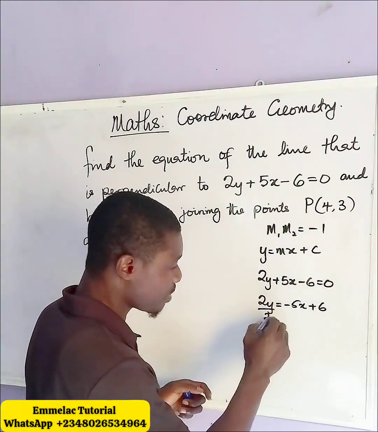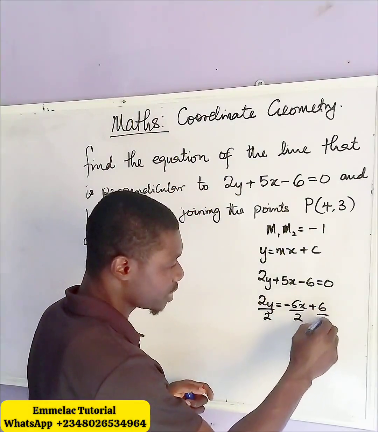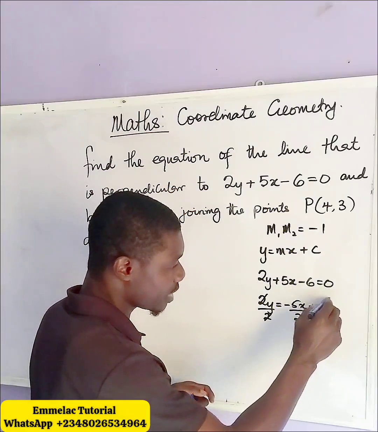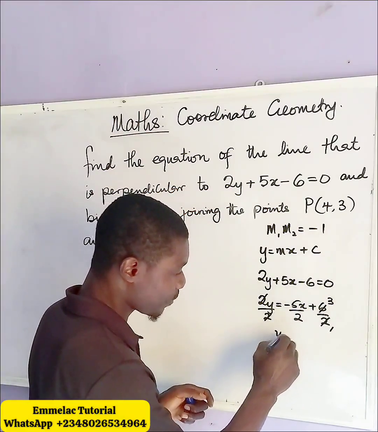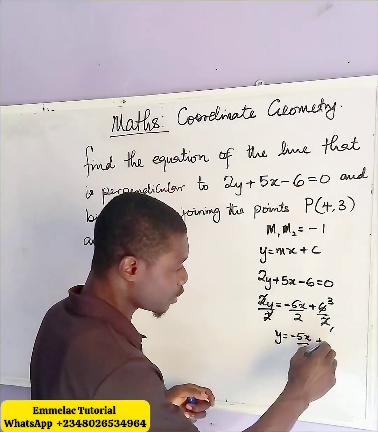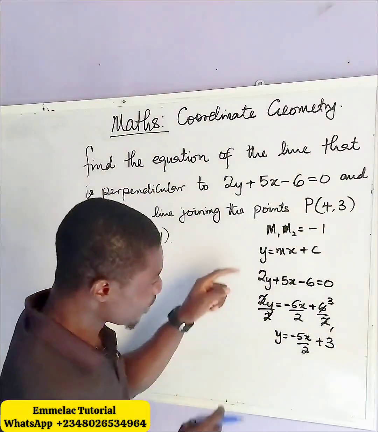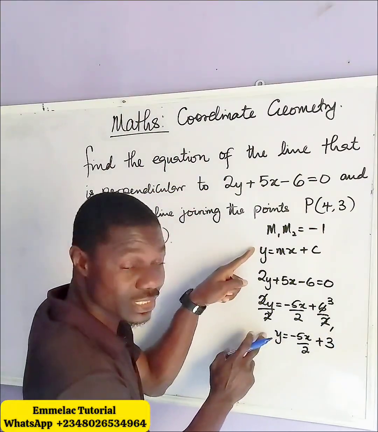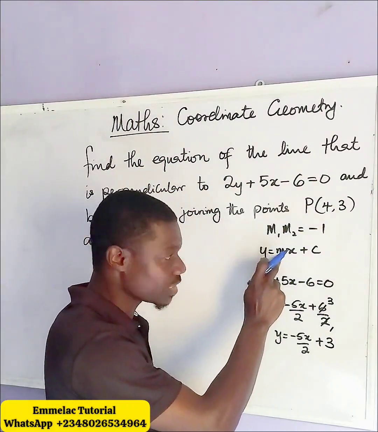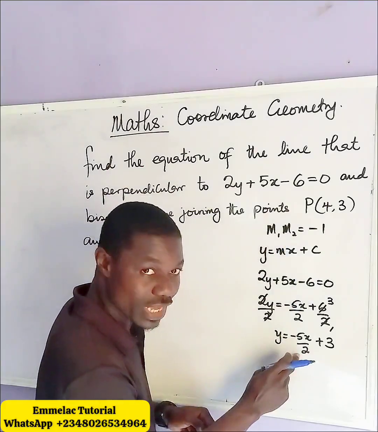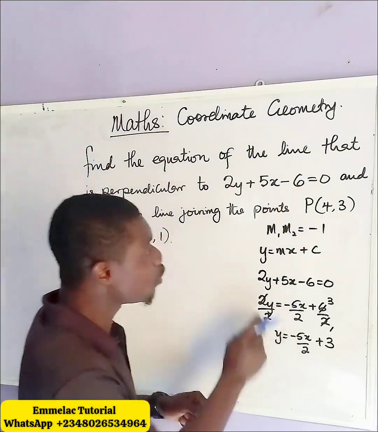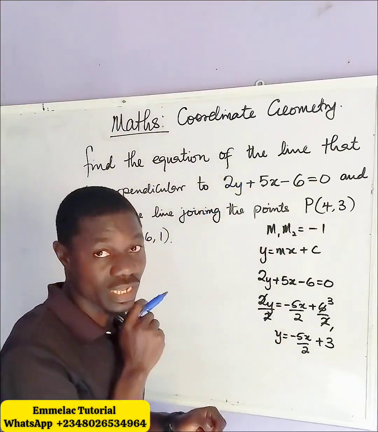Now dividing both sides by 2, we have that y equals negative 5x all over 2 plus 3. Now we can see this is the same form, so if m is our gradient or slope, then we can agree that negative 5 over 2 is the slope or gradient of this equation.